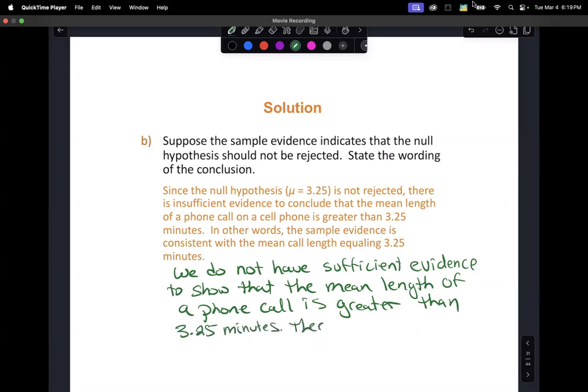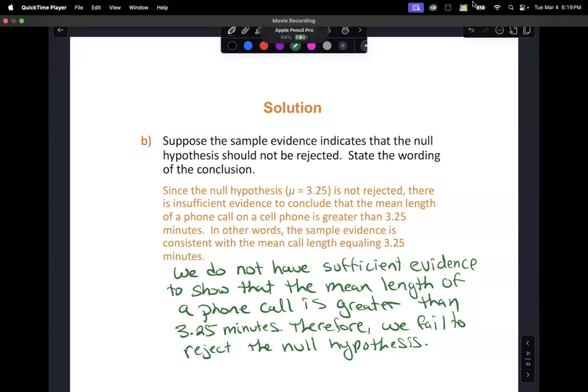Therefore, we fail to reject the null hypothesis. Bam. All right, any question on the conclusion so far?